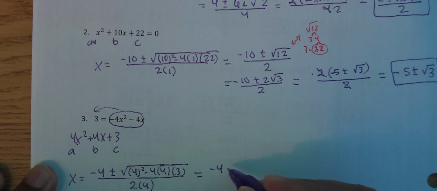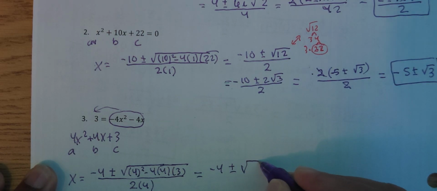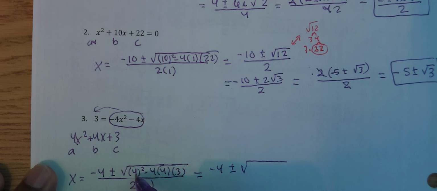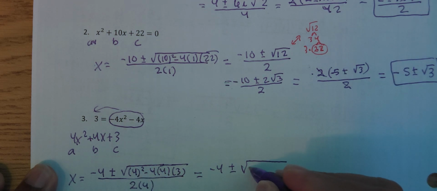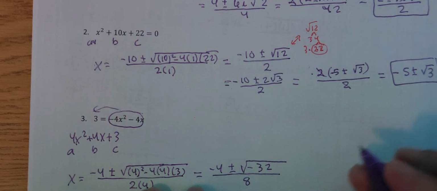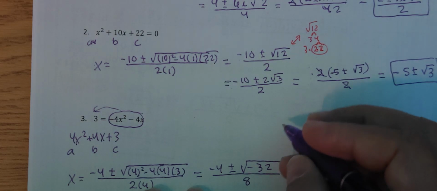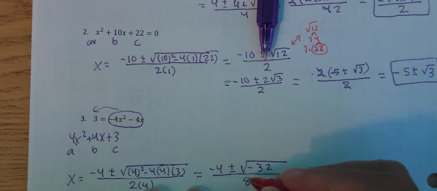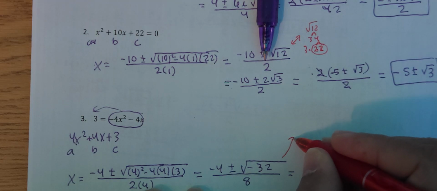So then this is negative 4 plus or minus the square root of, when you simplify this, 16 minus 4 times 4 times 3, that's negative 16 times 3, negative 48, plus 16, negative 32, over 2 times 4, which is equal to 8. So this one here, I'm going to simplify this outside.